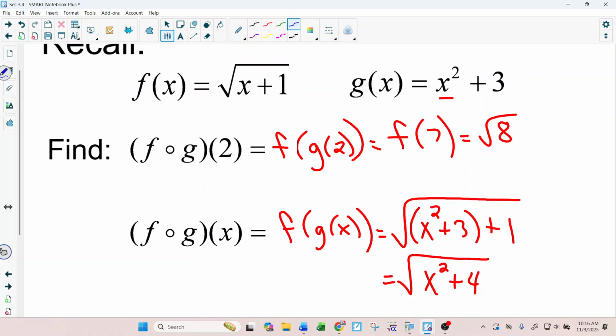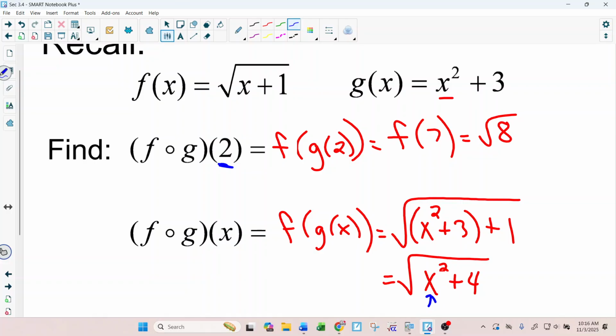Now, we know we cannot simplify that and take the square root of both terms. But you can see that when we put a 2 in there, you get the square root of 8, the same thing we got before. This is all the stuff we did before.